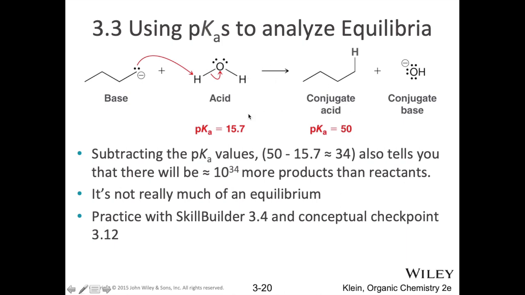So there's a huge difference here in pKa values, right? About a 34-point difference. So 10 to the power of 34 is a huge number. So it doesn't make as much sense to write this as an equilibrium arrow. It makes a lot more sense to just put this as a one-way reaction, because this reverse reaction is pretty much not happening. Okay, but again, the point here is that you can use these comparative pKa values and their difference to figure out which way this equilibrium, or in this case reaction, is going to go.